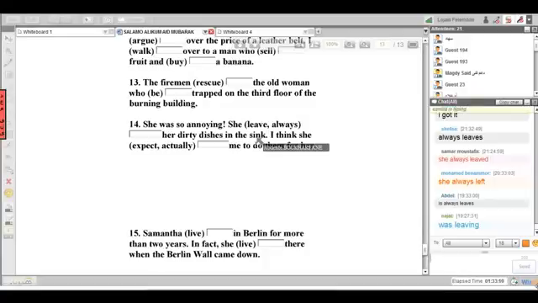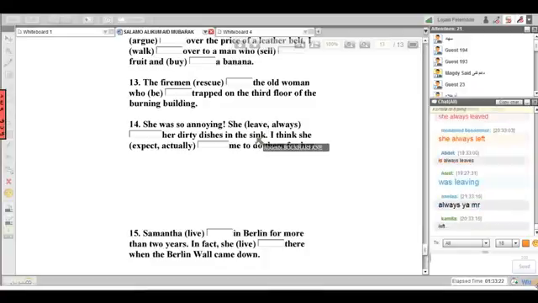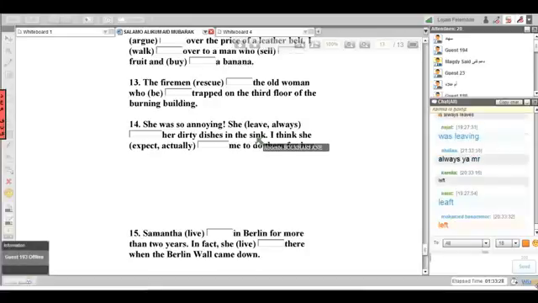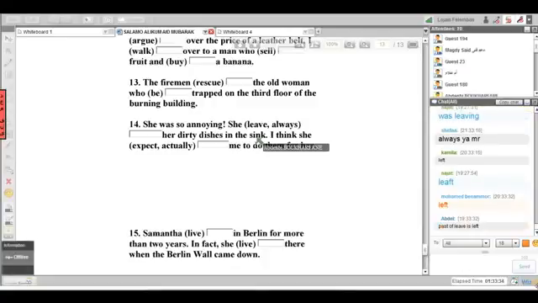Normally the adverb always is used with the simple present, but in that situation we use it to refer to some habits that the woman used to do. She always expected in the past. Okay, here we refer it to use to the past.